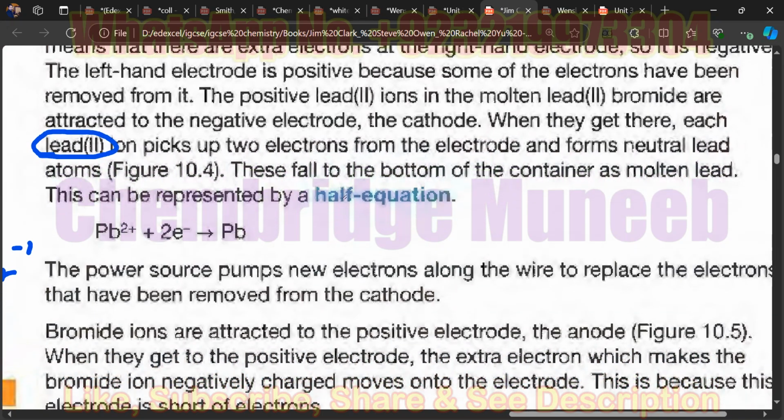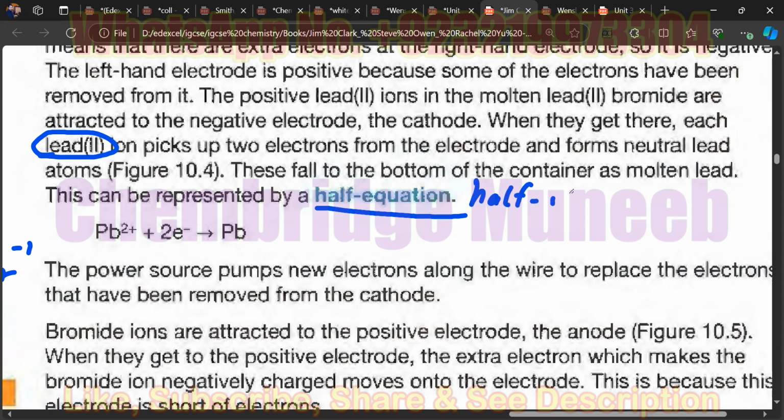We call this oxidation and reduction reaction a half equation, or half reaction. Half reaction means either oxidation or reduction. Half equation means you have to show that reaction in terms of the chemical equation.